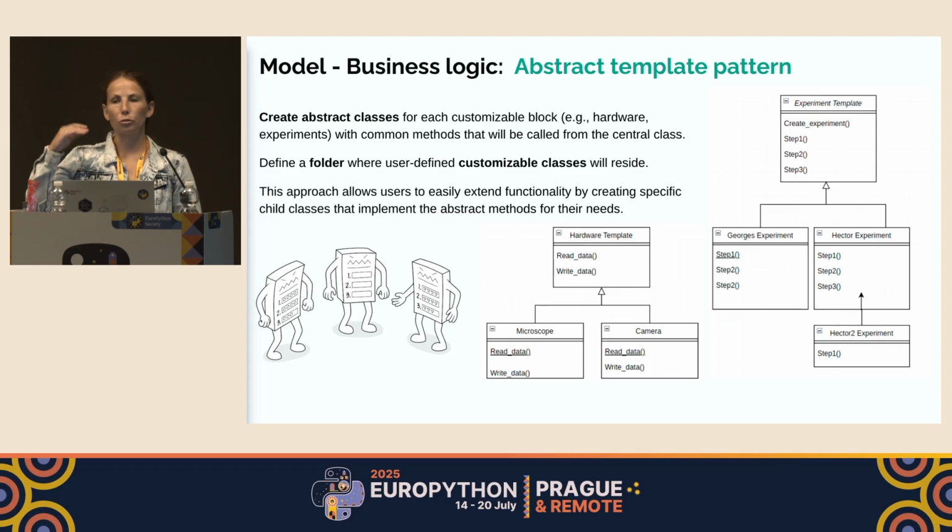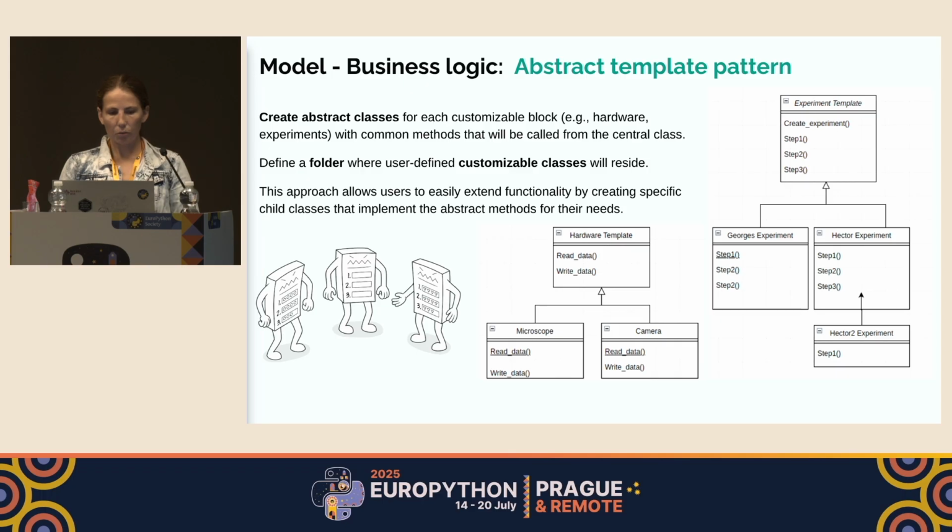And then you put your step 1, step 2, step 3, and it is the user that will create his own child class, and specify in functions the different steps of the experiment. This is very practical from a researcher's point of view, because he doesn't need to know anything about the software, he just needs to know there are step 1, step 2, step 3 to fill. And he puts it in a file and puts it inside the software.